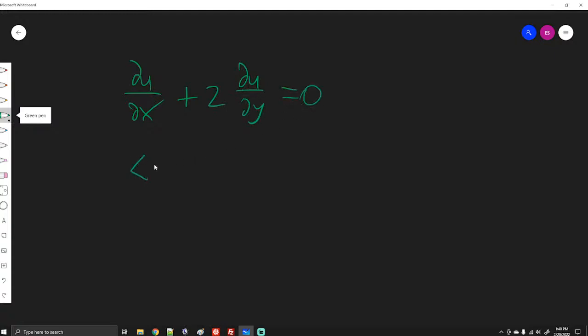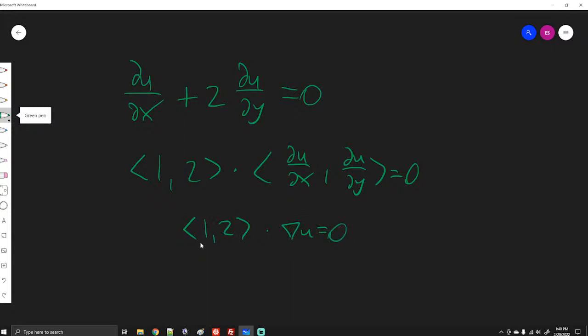So as before, this is going to be 1 comma 2 dot the partial derivatives of u equals 0. And so now this here is 1 comma 2 dot gradient u equals 0.